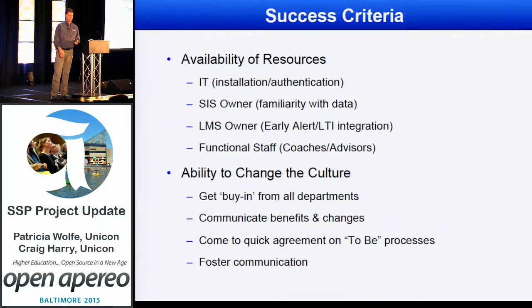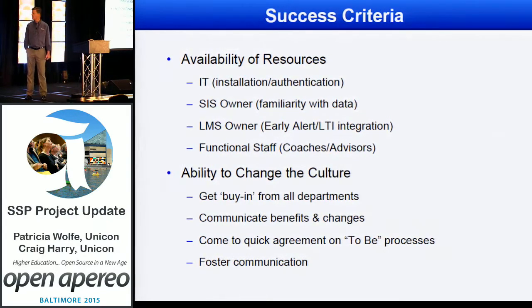To get a school to change their culture enough to use SSP across all of the advising departments and any ancillary departments that may interact with the advising staff, to change that culture is a big deal.